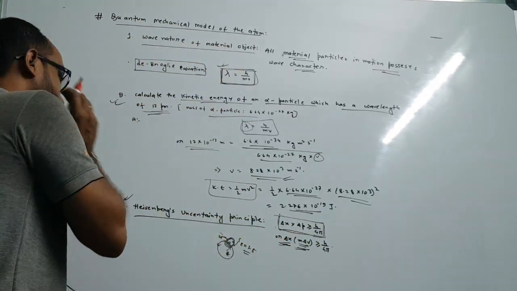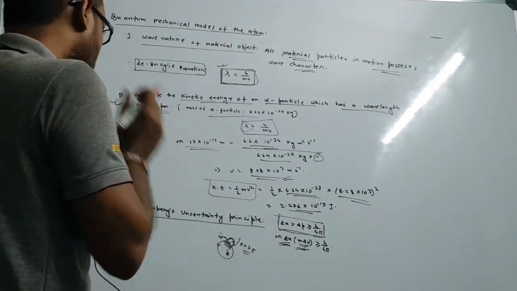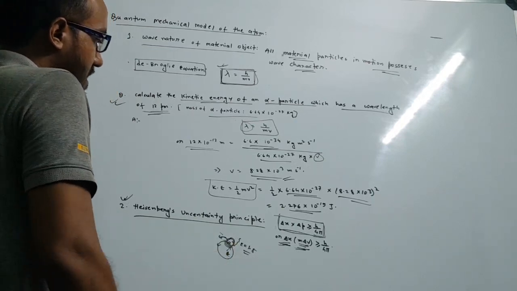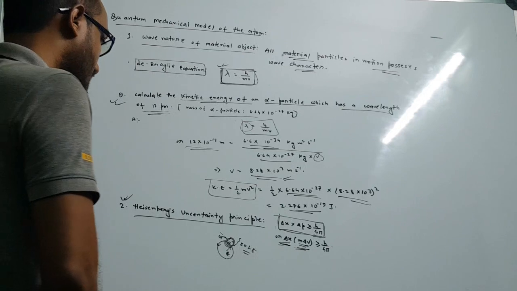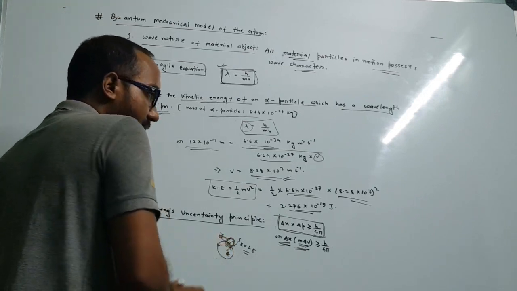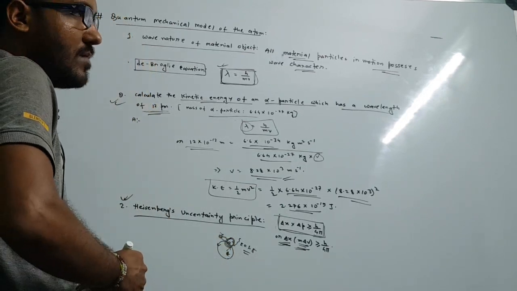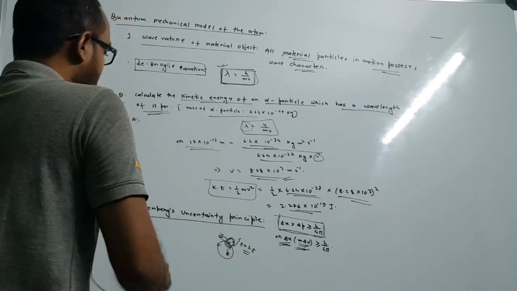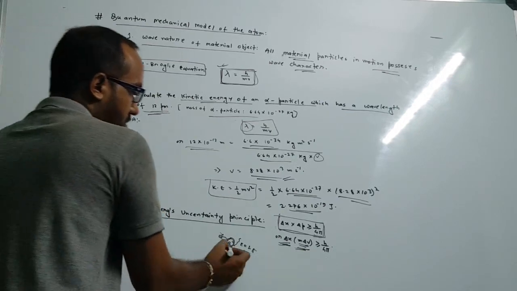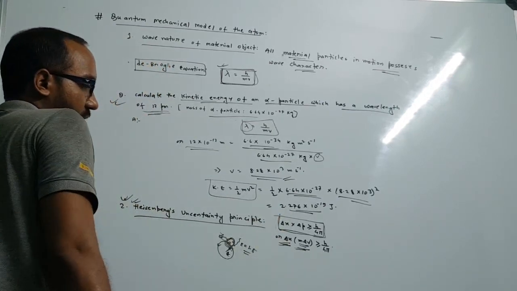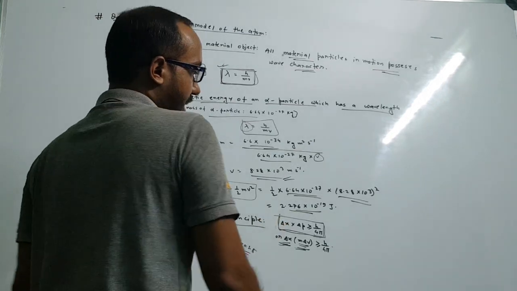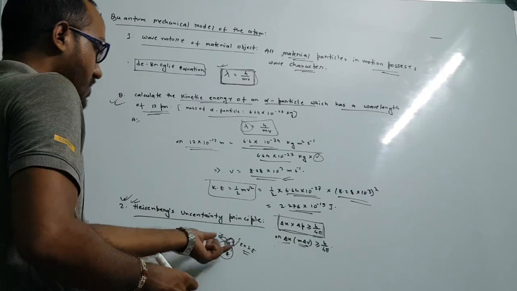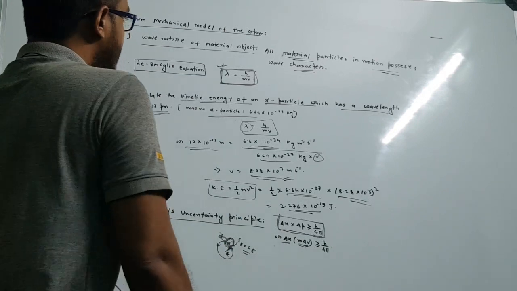And by this, if we extend our knowledge of Bohr's theory of the atomic model, Bohr told that the electron is revolving in a particular orbit, right? If it is moving in a particular orbit, then it has some angular momentum and velocity, and it has some position also. But when Heisenberg told that you cannot find out the exact position and exact velocity of the electron at a particular moment, then the whole scenario changes.